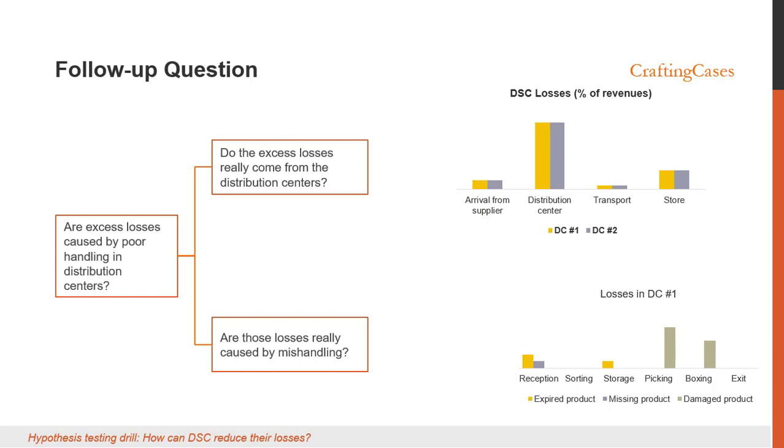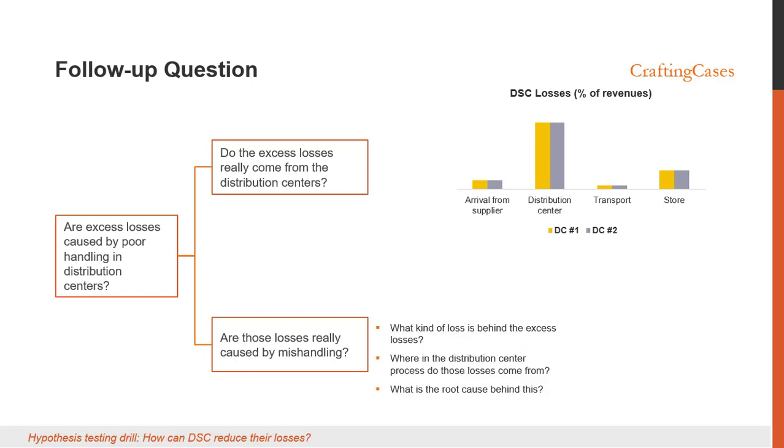And if I see something like what I'm seeing in this chart, which is a lot of damaged product losses, much more than all other losses in one or two steps, or even all of them, then there's probably something going on, and I want to investigate the root cause to find out that it actually is mishandling.